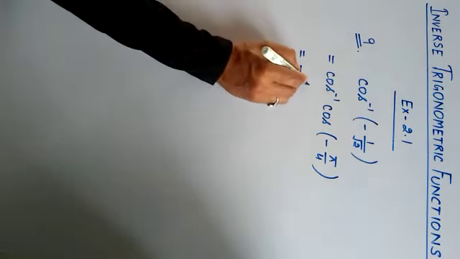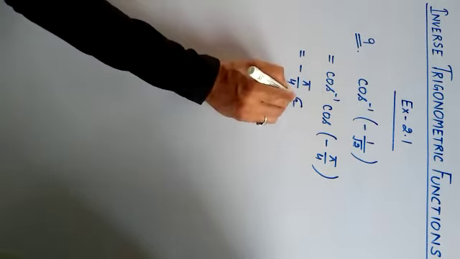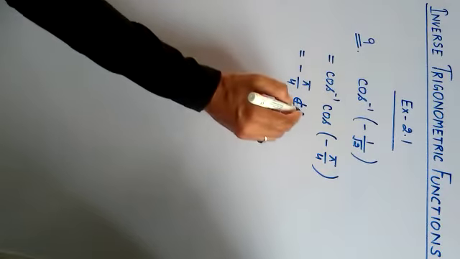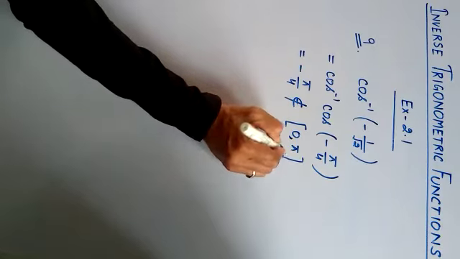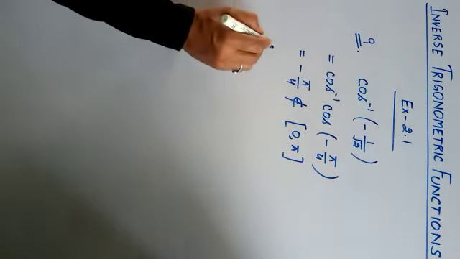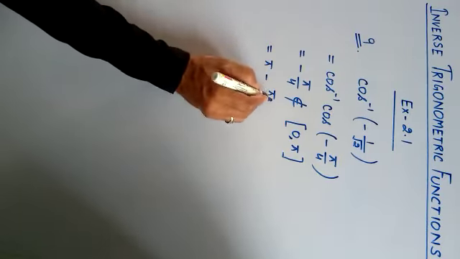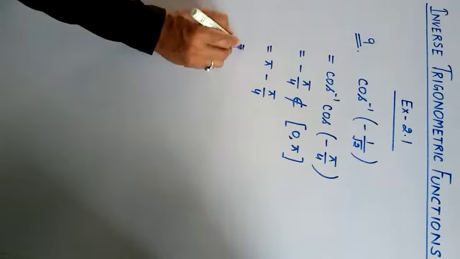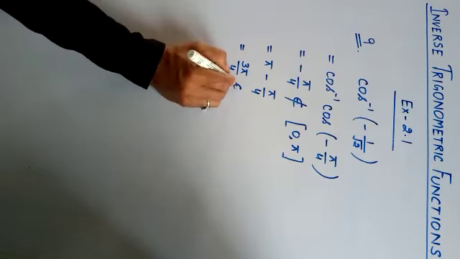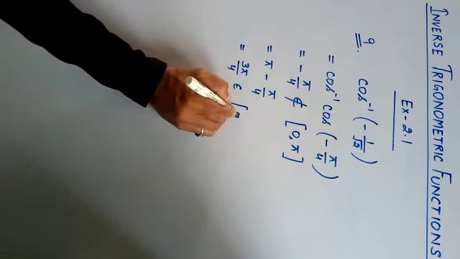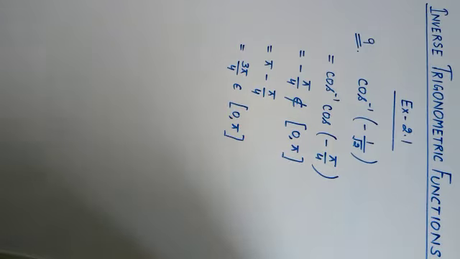So minus pi by 4 is the answer, but this does not belong to the range of cos inverse, which is 0 to pi. Again we will subtract pi by 4 from pi, so we will get 3 pi by 4, which belongs to the range of cos inverse 0 to pi closed interval.